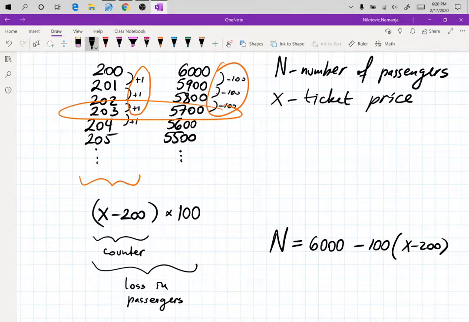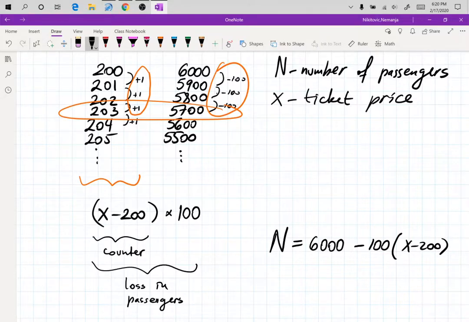So it counts 1, 2, 3, 4. How many groups of 100 do I lose for each dollar of increase in price? So 6,000 minus the loss. And this is the total loss of customers, because for every dollar, which is discounting extra dollars, times 100 is subtracting from here.